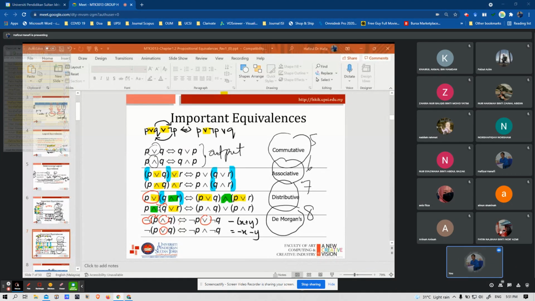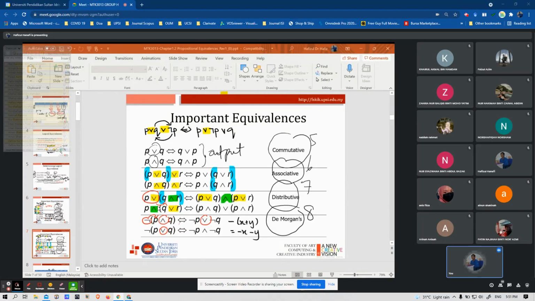After that, we have the distributive law. Distributive law means we mix two different operations on three logical statements. One of them works on a pair of statements first, forming an inner operation, followed by the outer operation.